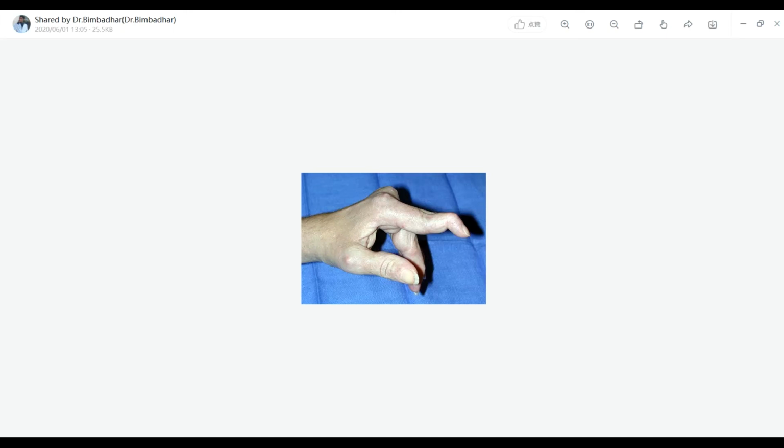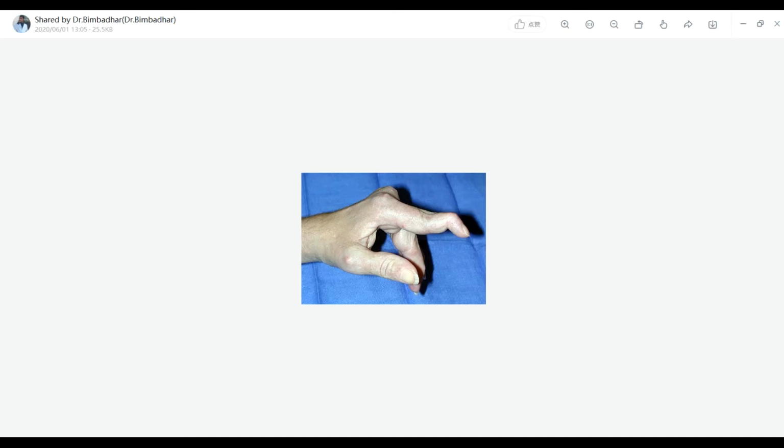Or you can also try to use this one. So if you can answer this, you have understood exactly what I'm talking about. No, I'm asking which phalanx, the number of the phalanx, which one has got Boutonniere's deformity and which one has got this one.